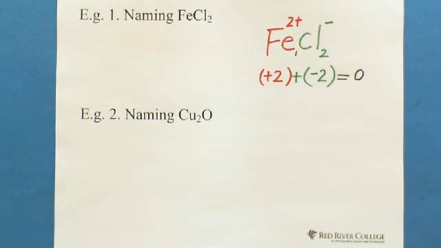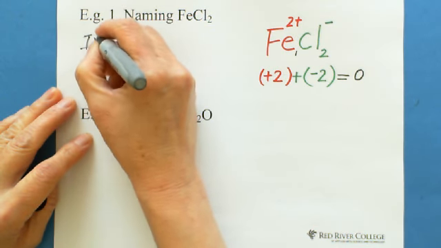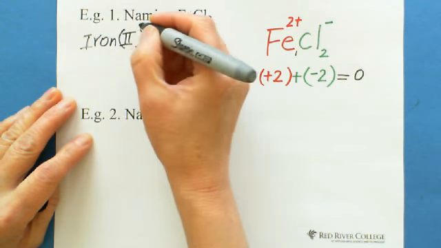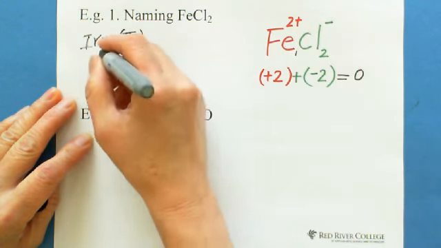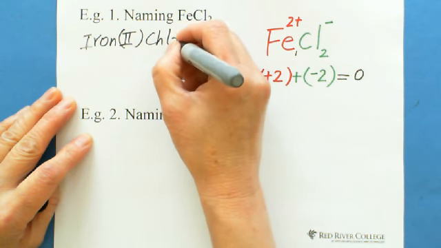Once we figure out the charge, then we can name it. We use a Roman numeral to represent the charge of the metal. So we write iron 2 chloride.